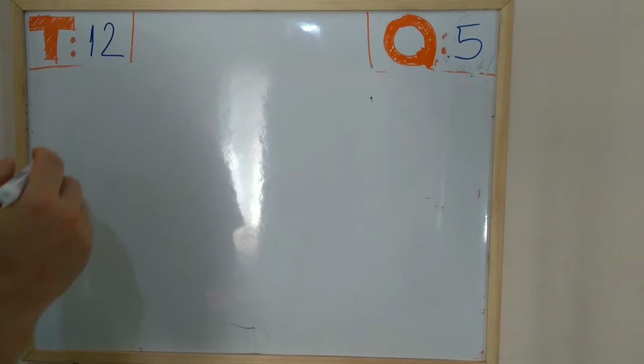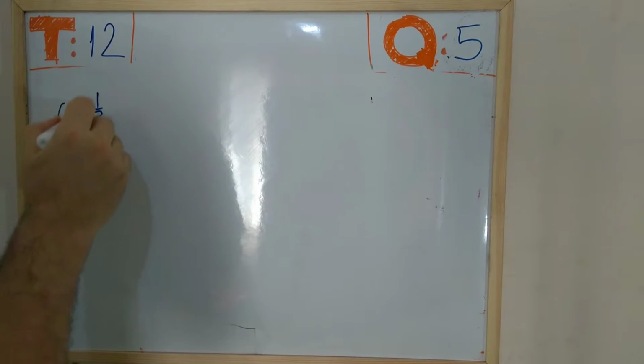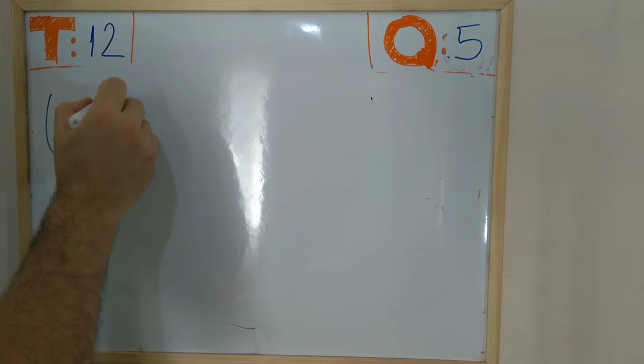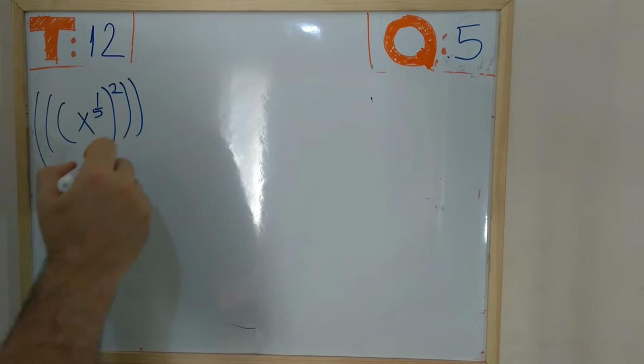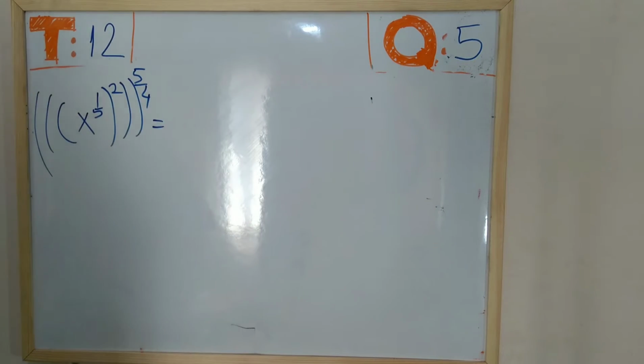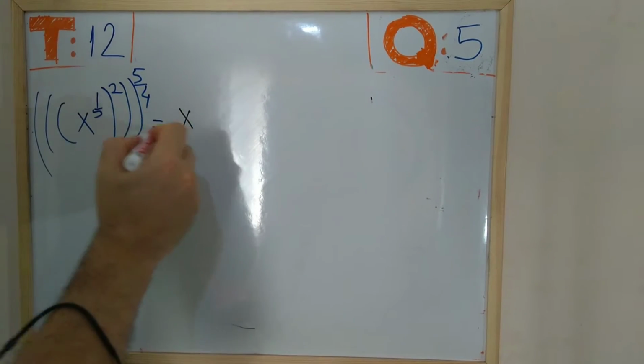So the answer is 2 times x to the 8 over 5. Here's the next question. (x to the 1 over 5) to the 2, to the 5 over 4. And they're asking the value of this number. So here, what we can do is to multiply the powers.